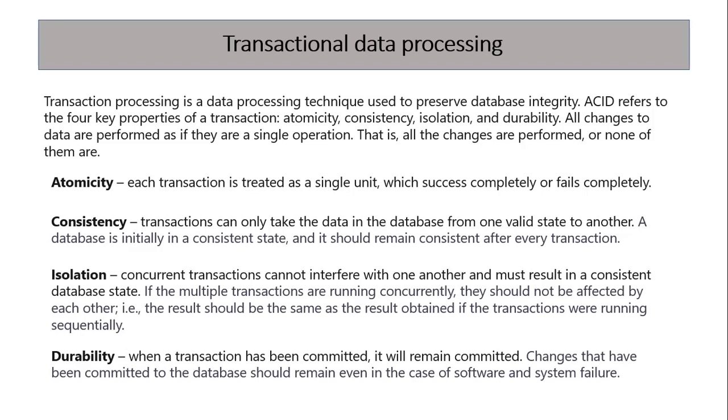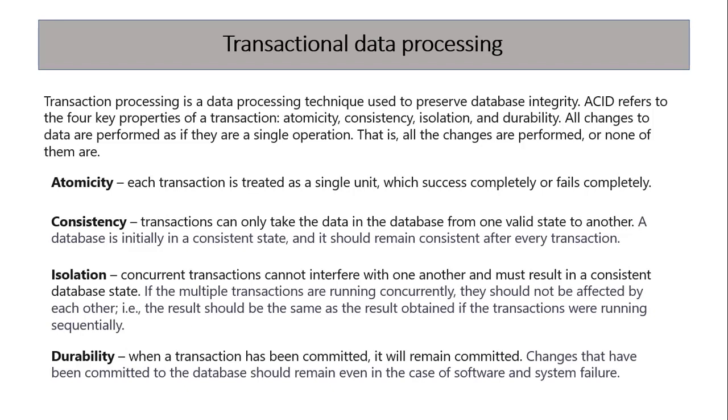Third point is isolation. Concurrent transactions cannot interfere with one another and must result in a consistent database state. For example, in the backend, if we are taking data from one table to another table, and millions of transactions are happening every day, there may be a possibility of concurrent transactions.